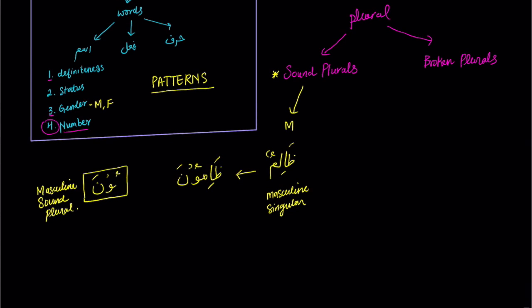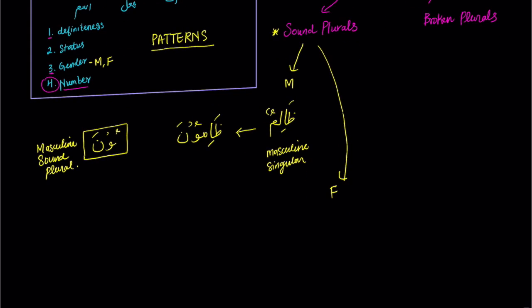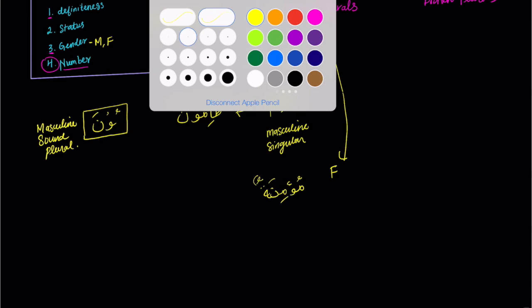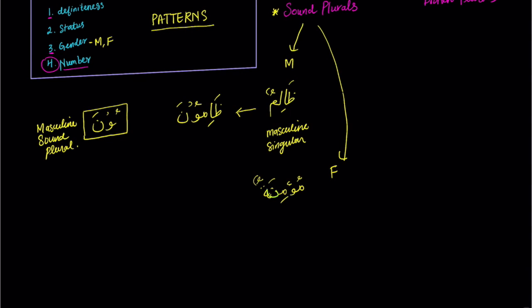Now what if we have feminine? The feminine example is mu'minatun. Remember this feminine ending of the ta marbuta, the fatha followed by ta marbuta. This is a feminine ending, so this is feminine singular.